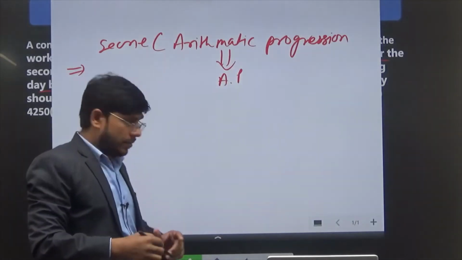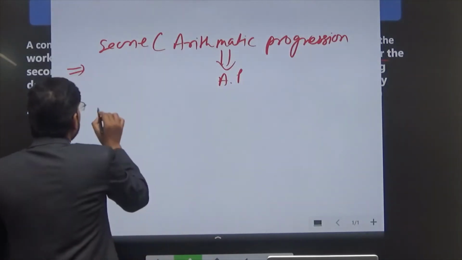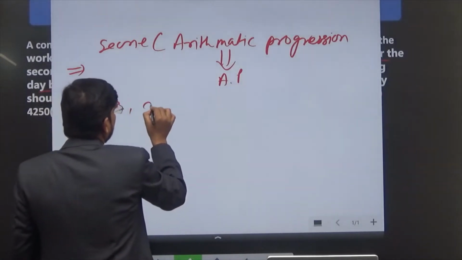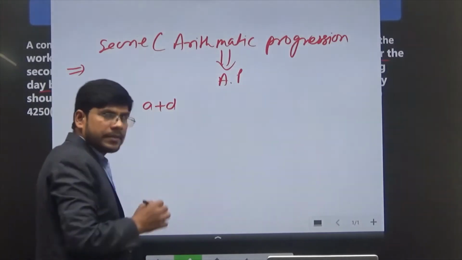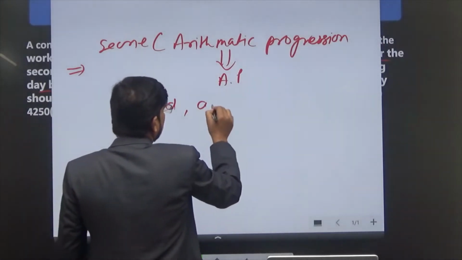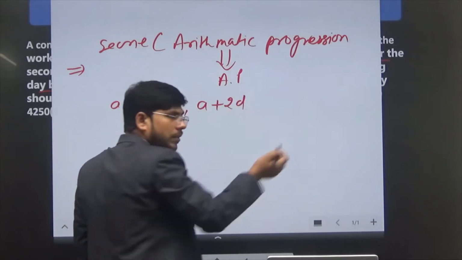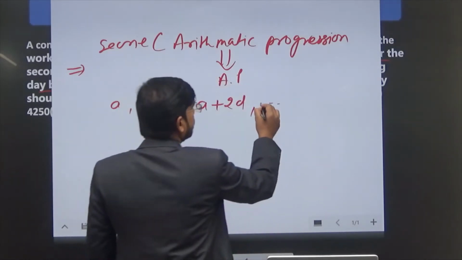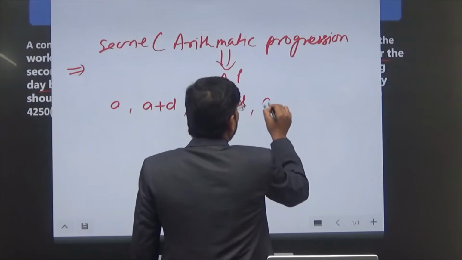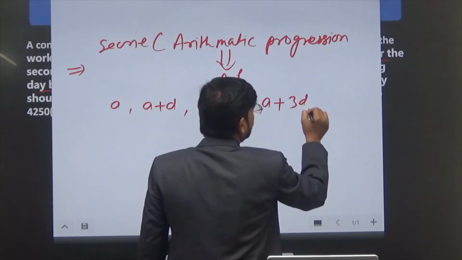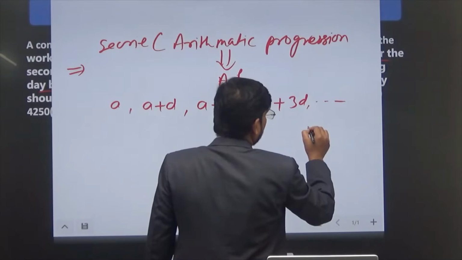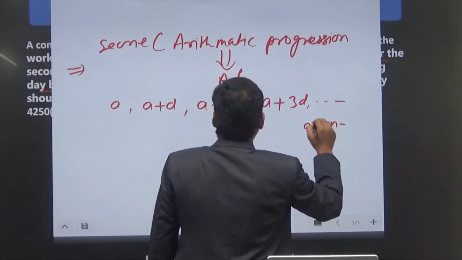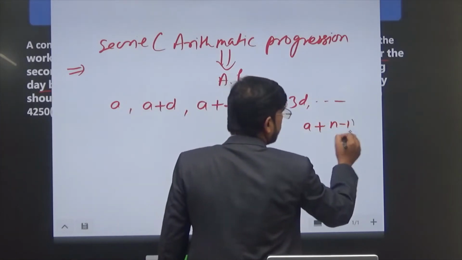When a series is in arithmetic progression, suppose this is the first term a, and this is a plus d, second term, and this is a plus 2d, third term, and this is a plus 3d, fourth term, and so on, a plus (n minus 1) into d.